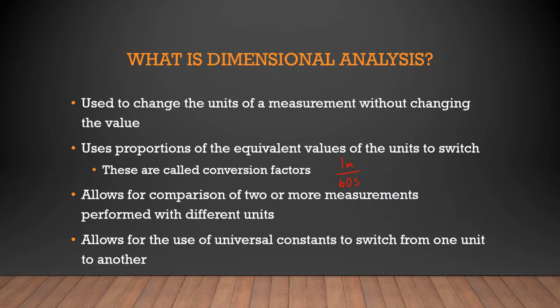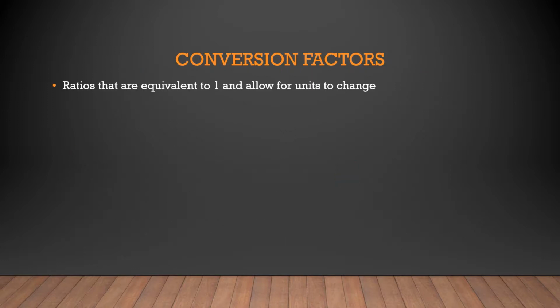The last thing it allows us to do is use universal constants to switch from one unit to another. In chemistry and in physics, there are a lot of universal constants that have a bunch of units embedded with them. We'll use dimensional analysis to make sure we match up with the correct units required to use that constant to get the answer we're looking for.